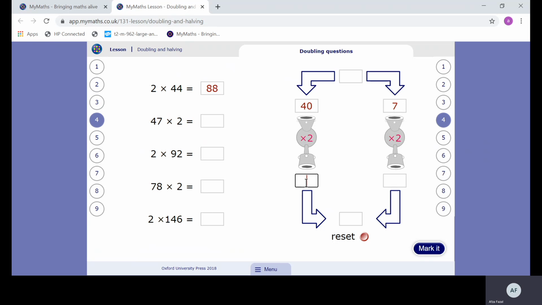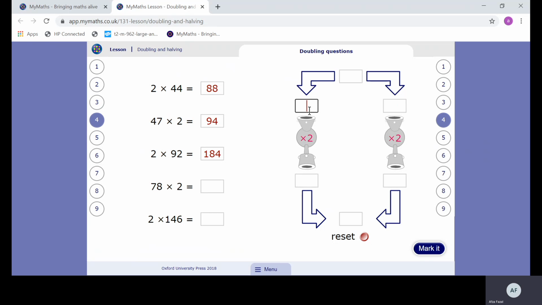Here we know 40 is 80, 7 is 14, here you've got 94. Next one, 2 times 92. So you're going to partition it, we've got 90 here, 2 here, double 90 is 180, and then we've got a 4, so it's 184.